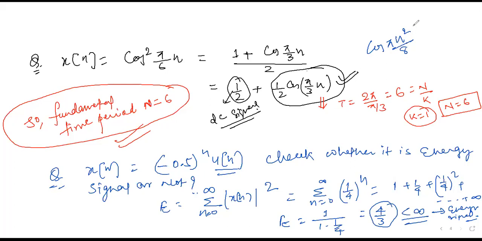Cos pi n square by 8, this is what you are asking, right? Okay, yes, take out n square. Now in this case, omega n square, if you want to write omega n square, this is root pi by 8 n square.